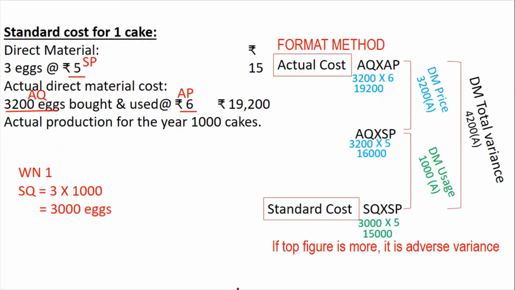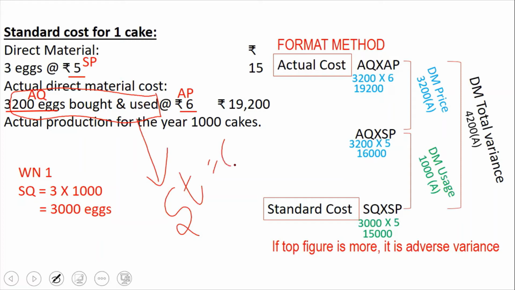Now, the next thing that we have to learn is the direct material variances when there is a stock of raw materials. So let's take a look. Now, in the question that we attempted earlier, you can see that 3,200 eggs were bought and used. What does this mean? It simply means that the stock is equal to 0 because whatever has been bought has been used.